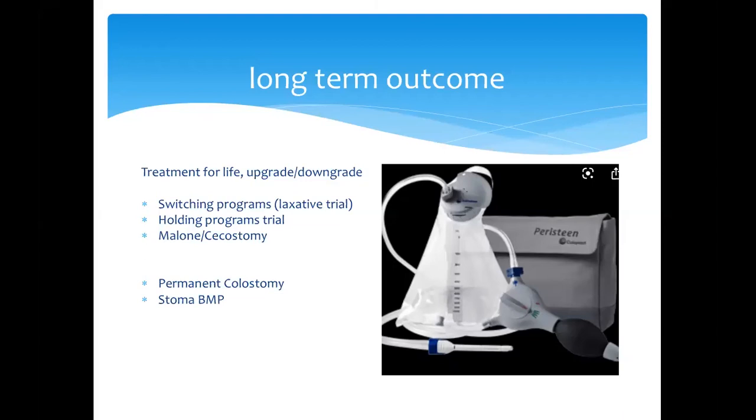We can switch the programs if they are on, let's say, enemas and they don't want the enemas anymore. We can try laxatives. We can give them another chance of a program for 1 week, which we call a laxative trial, and we see if we succeed, we can stop the enema completely. And if we did not, unfortunately, we can ask the mom to go back to the enemas and we can try later.